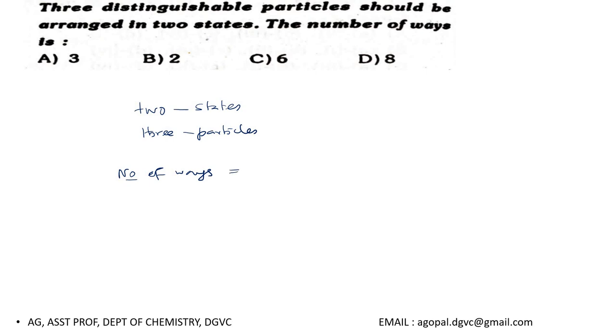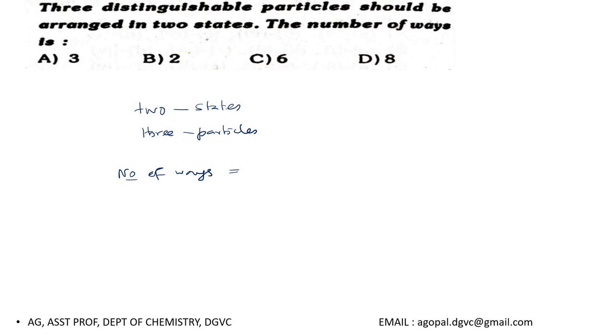Actually, for each macro state we have to find out the number of micro states. Since the macro state is not specified here, we have to calculate all possible micro states of all possible macro states.